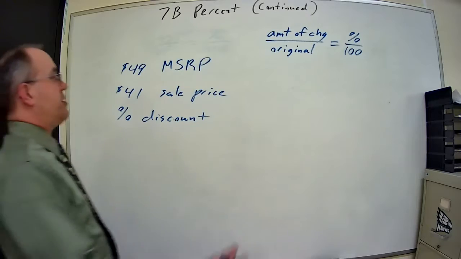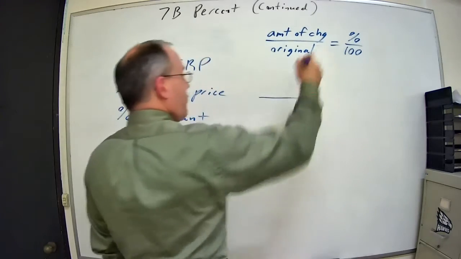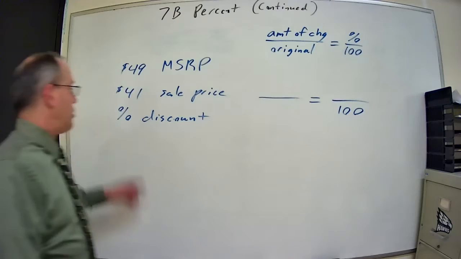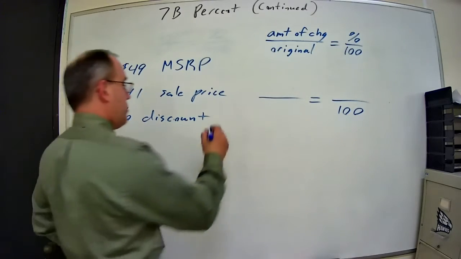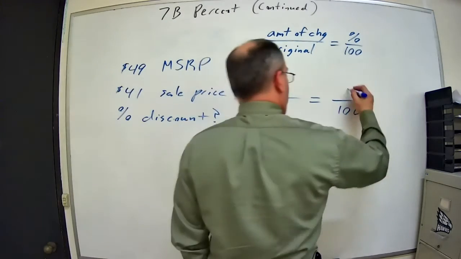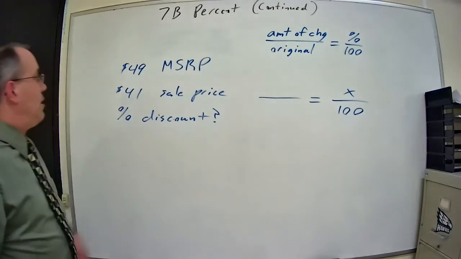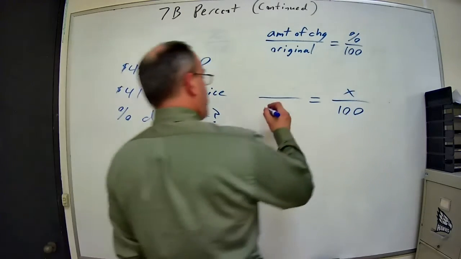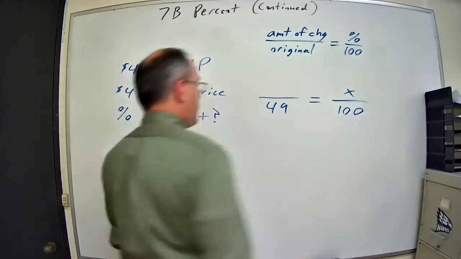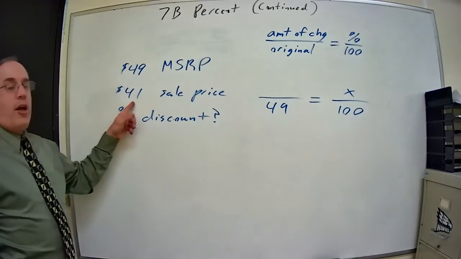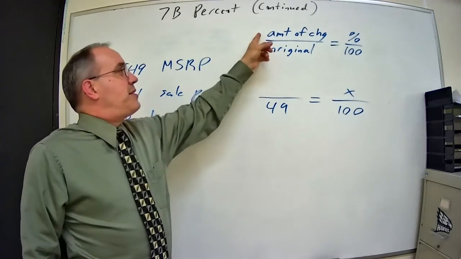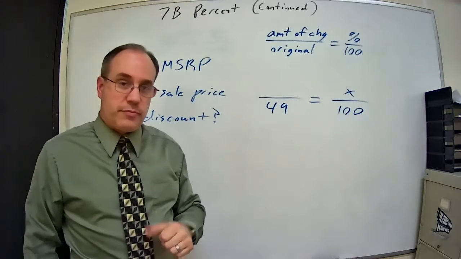So if I look at this, I'm going to fill in the same spots that I did before. I'm looking for the percent discount, the question mark there. The original price was $49. So there's my original, my of. The sale price was 41, but remember, it's not sales price, it's amount of change.